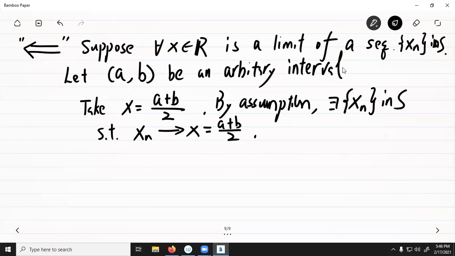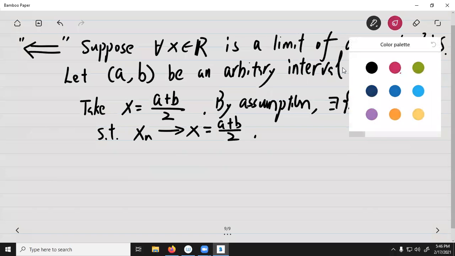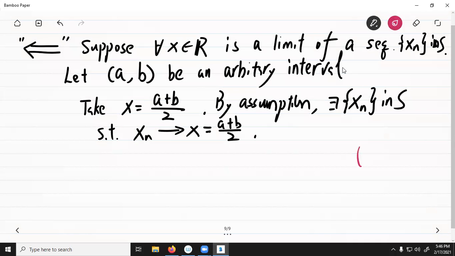This is the idea we have. You can see, this is AB. We pick an arbitrary interval AB. We want to show there are some elements in S which are in this interval. How do we show that? We pick the middle point. This is x, right?